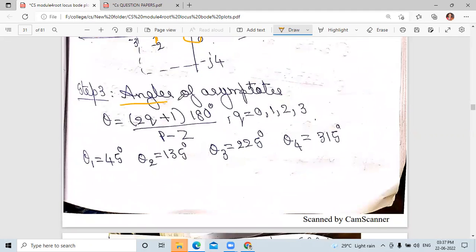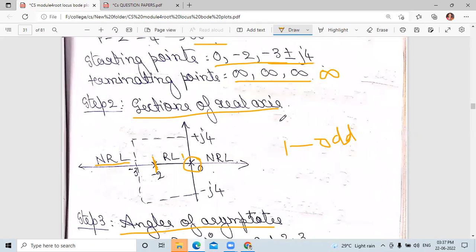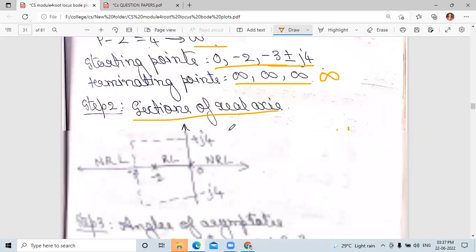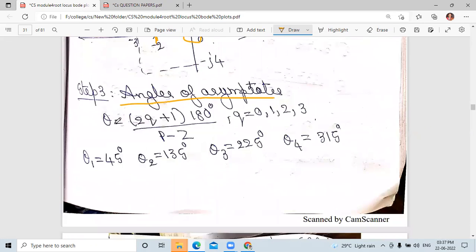Next, we need to find out the angle of asymptotes. So here the number of branches is 4. So you need to find out the 4 angles of asymptotes, that is theta 1, theta 2, theta 3, theta 4. While solving for theta 1, you need to substitute q as 0.